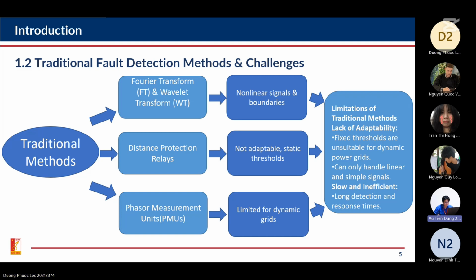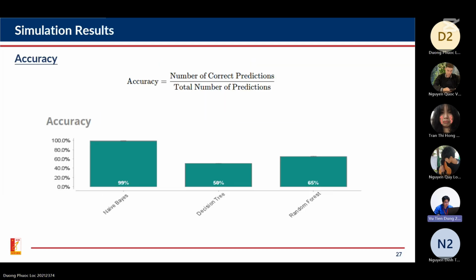So, can you go back to the slide of the decision tree algorithm? Why is the accuracy of the decision tree algorithm quite low? Okay, to answer this question, we move on to slide 22 and slide 24.